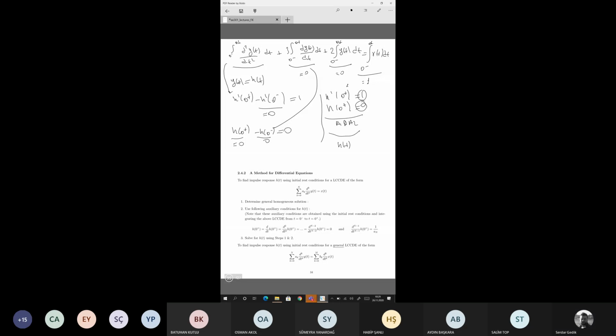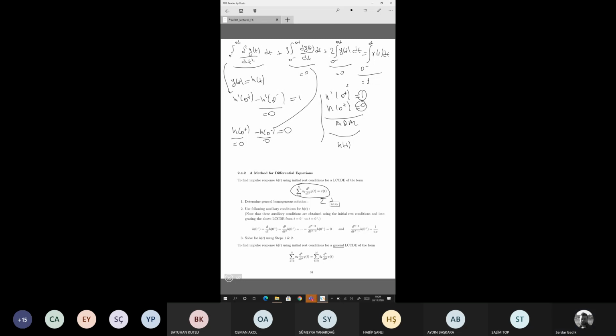So at this point, we will define a method to solve differential equations. Assume that we have this general form. The first step is we determine the general homogeneous solution. So what's a general homogeneous solution?